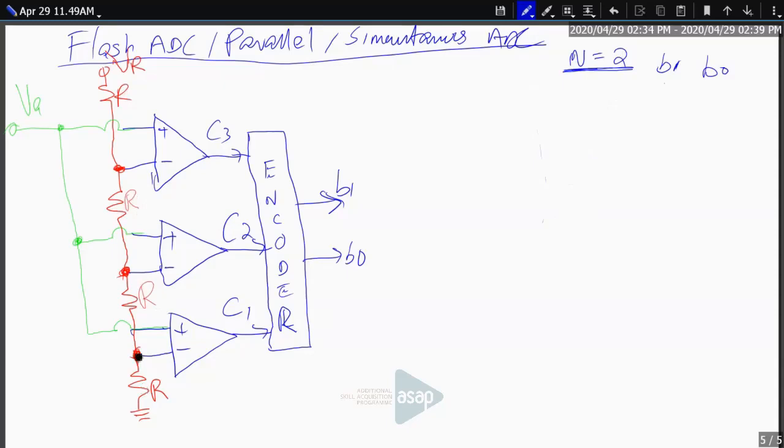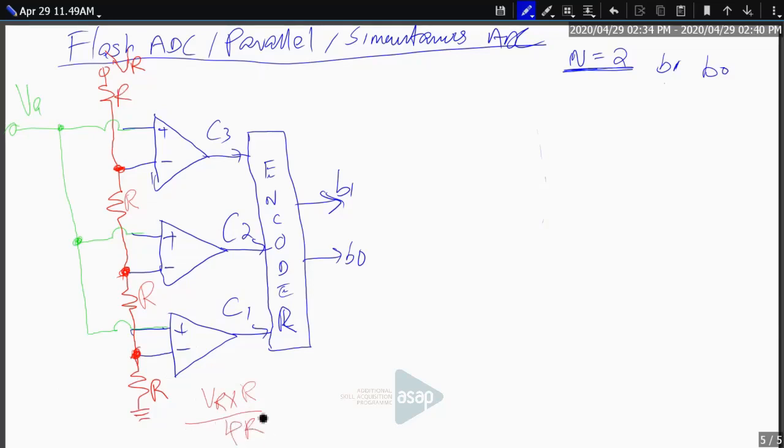Now we have the analog voltage, which is to be converted into the equivalent binary value. That analog voltage VA is now connected to the other terminals of all the op-amps, like this. So that voltage is denoted VA, the voltage which we want to convert to a digital value.